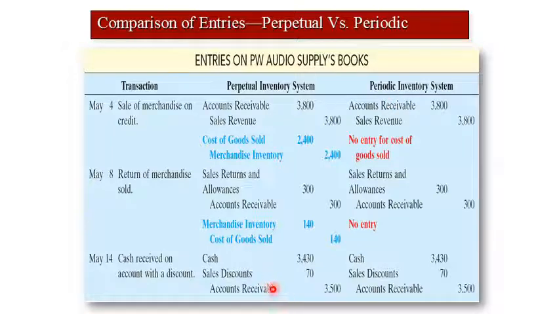It is the same. You do not change the name of the sales discount under perpetual or under periodic. It is only with purchases. Under sales transactions, you use sales discount under perpetual, and sales discount under periodic. So it is the same recording for the two.